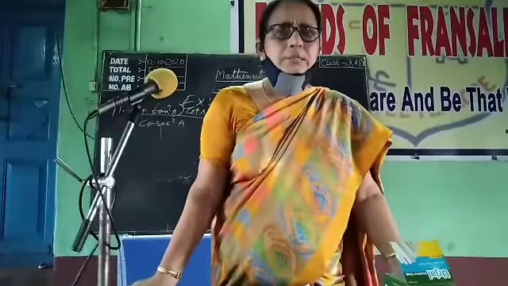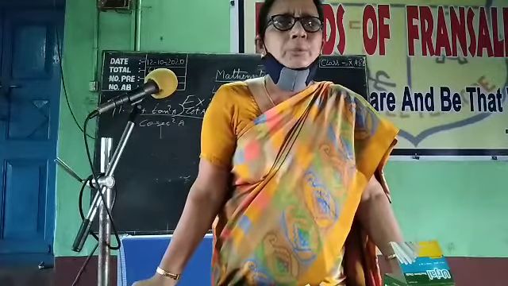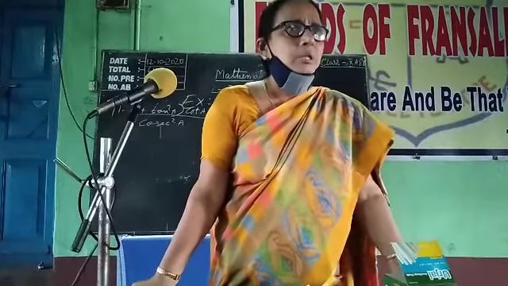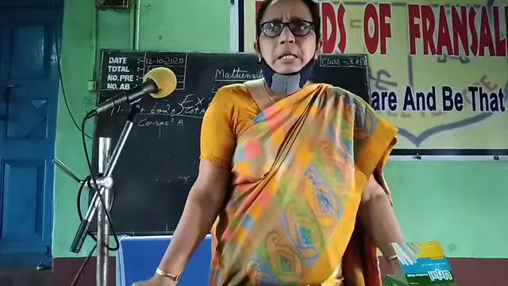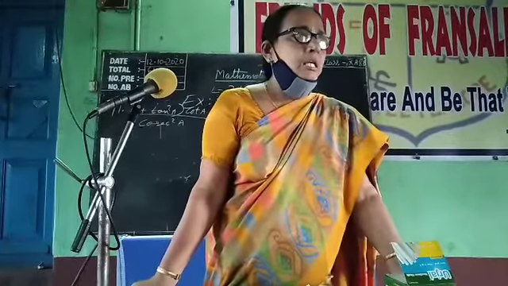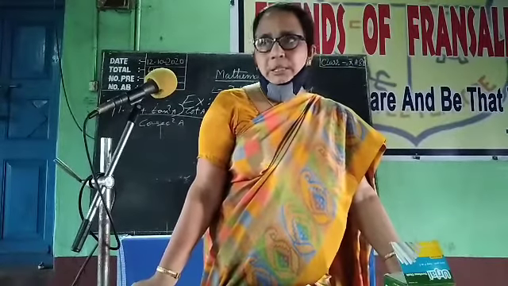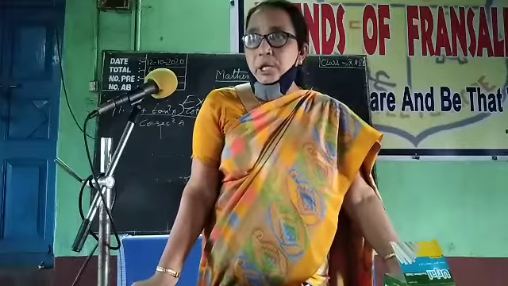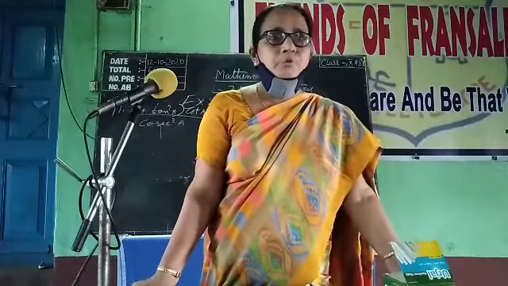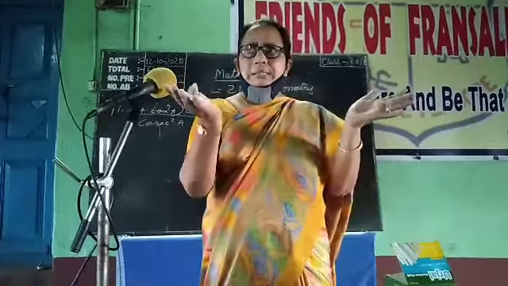Identities or equation, why are they called the trigonometrical identities? Because both the sides are equal. The equation which is related with the trigonometrical ratios will be called the trigonometrical identities. Equation means what? Both the sides are equal.